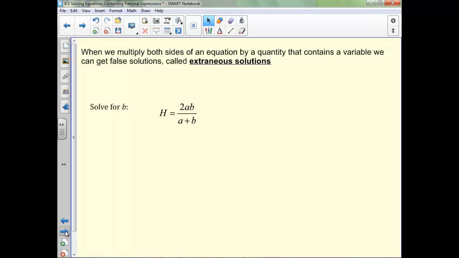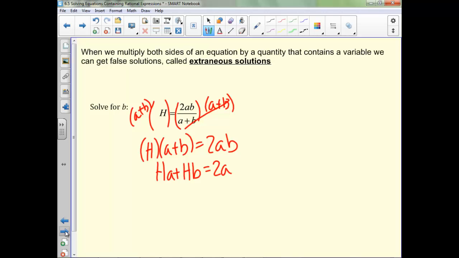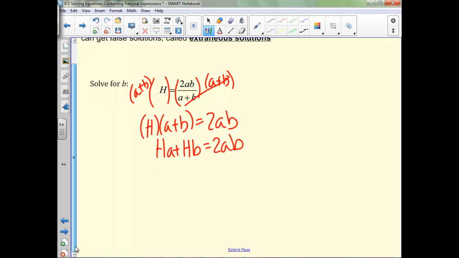And our last problem. So we still want to solve for b, so let's start by multiplying both sides by our common denominator, which would be a plus b. And now we need to get our b's on the same side.